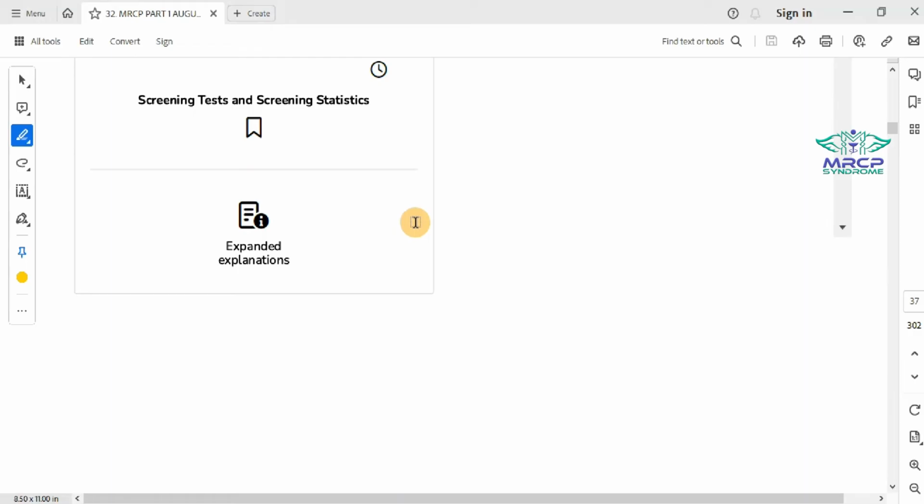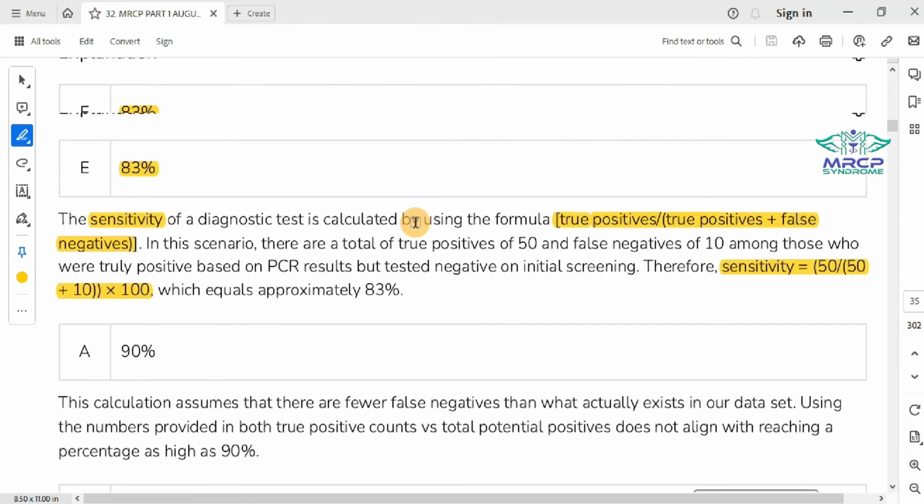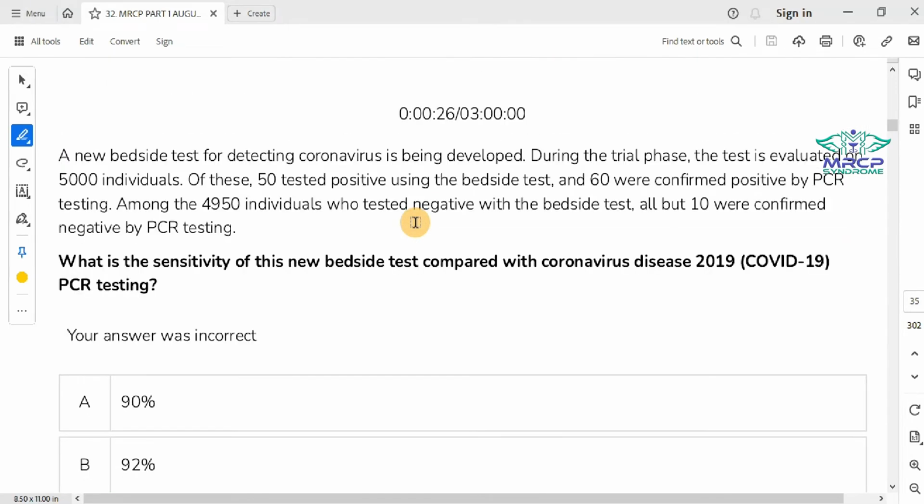As they are asking sensitivity for PCR, in PCR there were 60 positive cases, no? Yes, exactly. So 60 were confirmed positive by PCR. So true positive should be 60, isn't it?